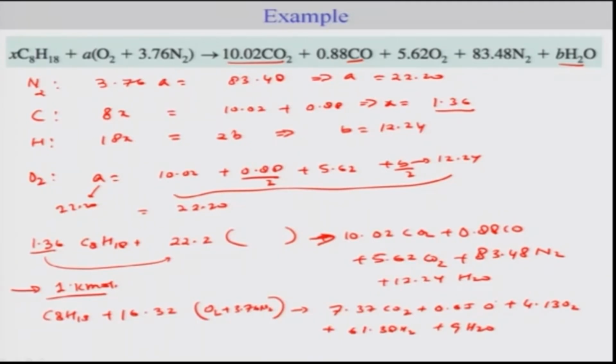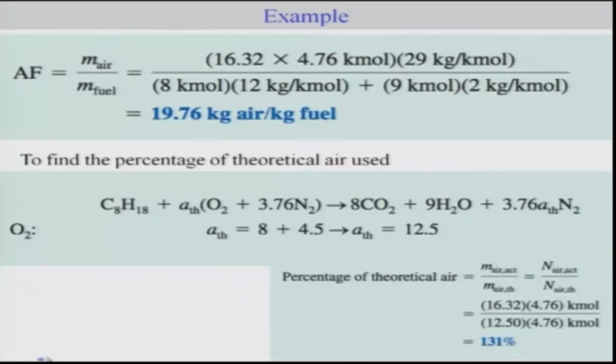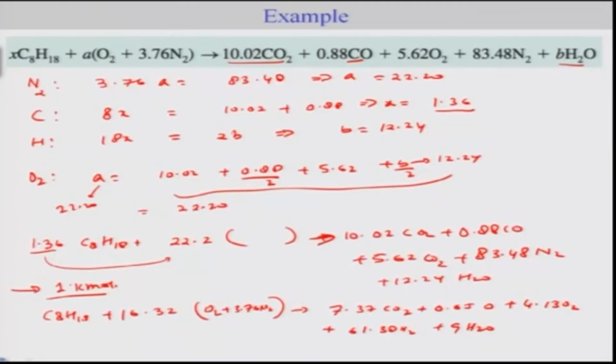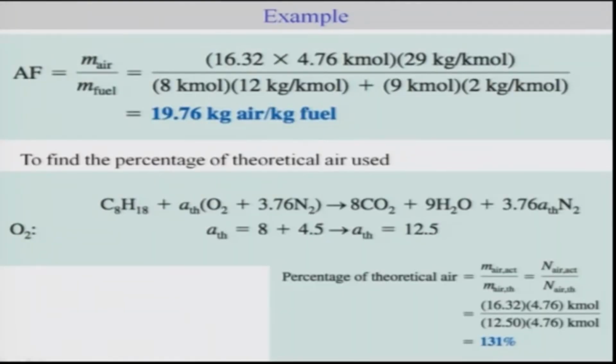So this is a chemical reaction for the combustion of octane, and corresponding to this you have theoretical air as well. If you look at the problem, the first thing we wanted to know is the air fuel ratio. We already know the mass of the air, because with respect to the 1 kilomole basis we have already written the equation here.